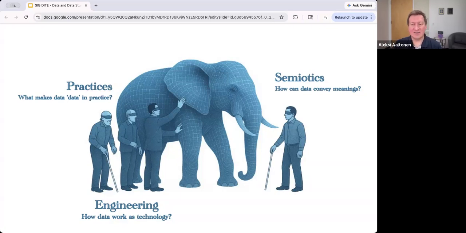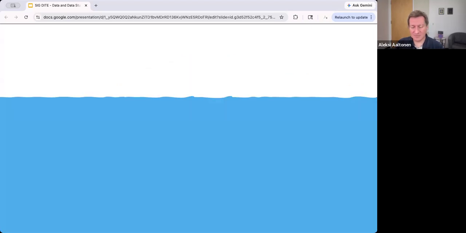And I think the risk is that unless we bring these together, we risk being the proverbial group of blind men who touch the elephant from different parts and then don't get the idea what it is. So that's the core of why I think we need some kind of collective of data studies.